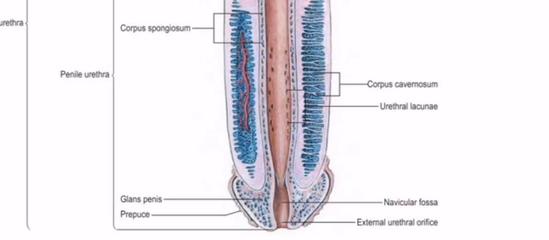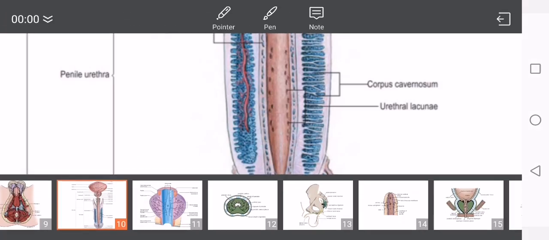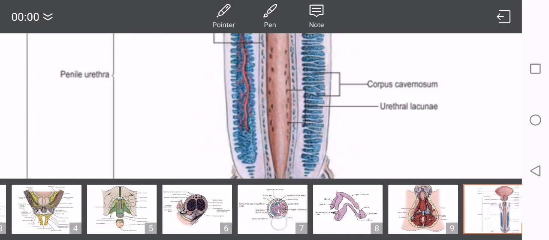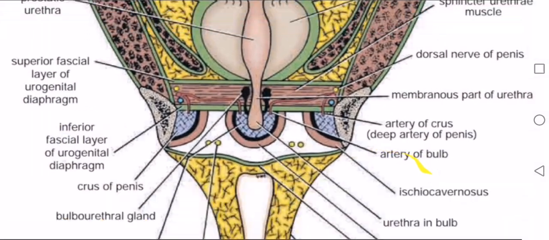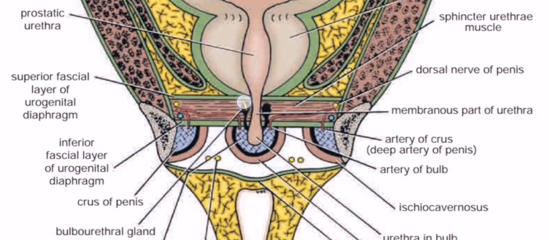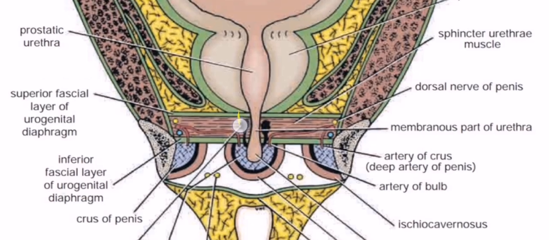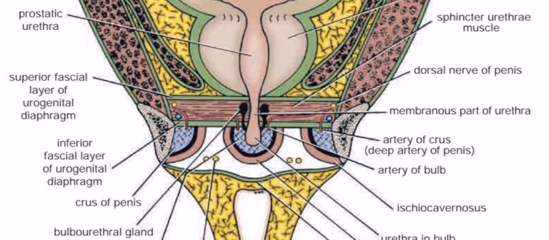بالنسبة للبulbourethral glands, they are a pair of small glands that lie هنا, هذه وهذه, beneath the sphincter urethrae muscle.